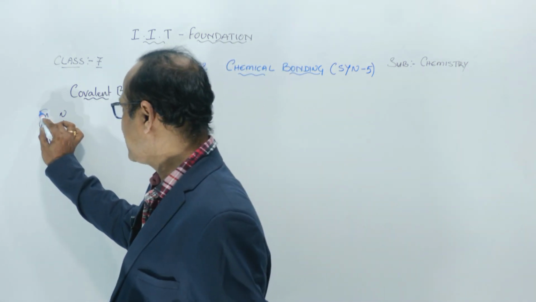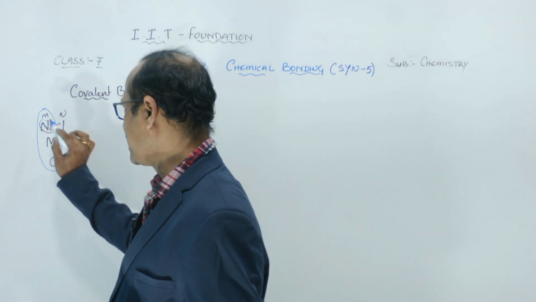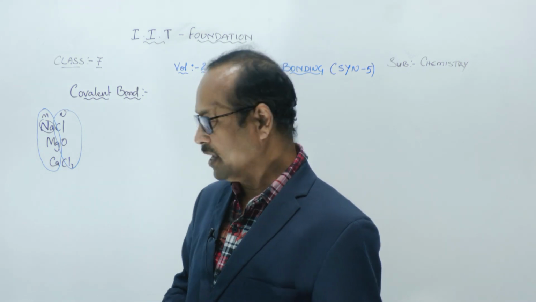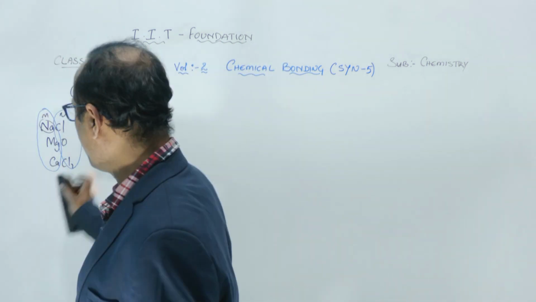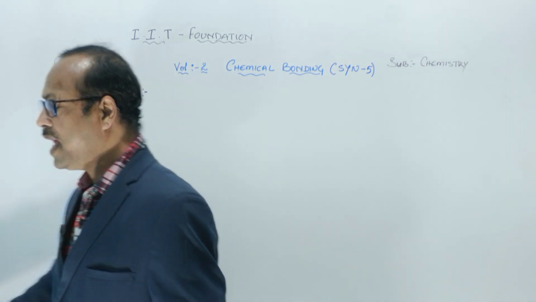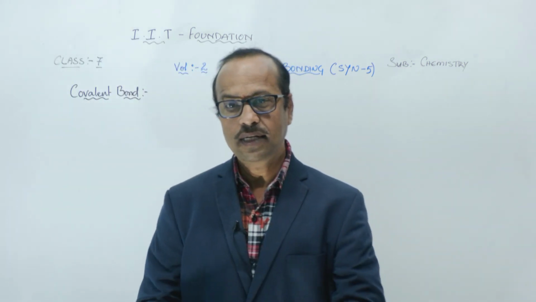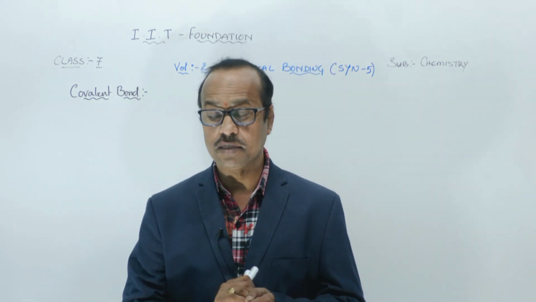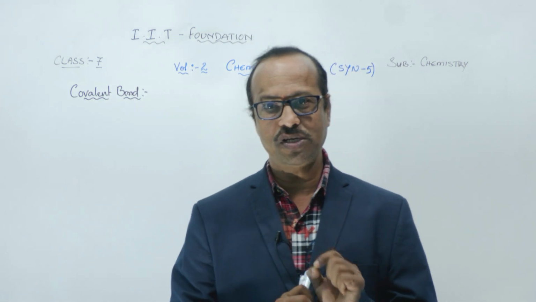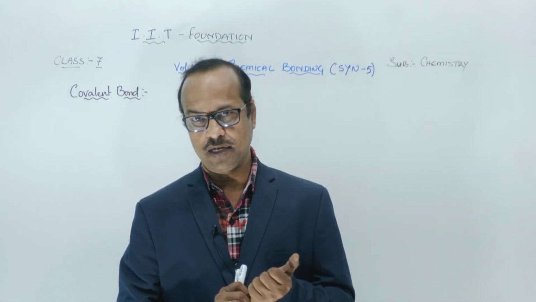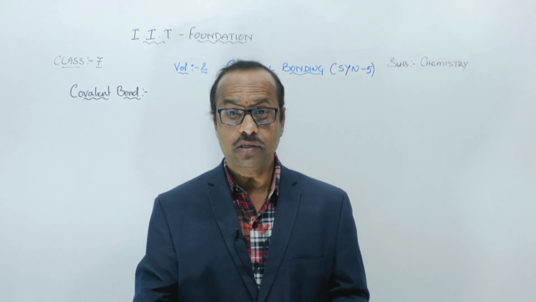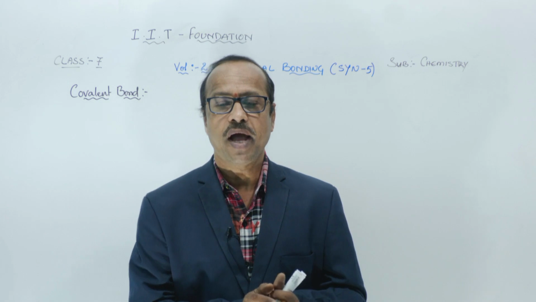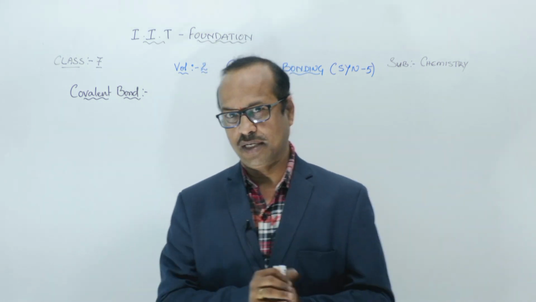So generally, ionic bond is formed between metal and non-metal, because metals are electropositive in nature, with the ability to donate electrons, and non-metals are electronegative in nature, with the ability to gain electrons, right?